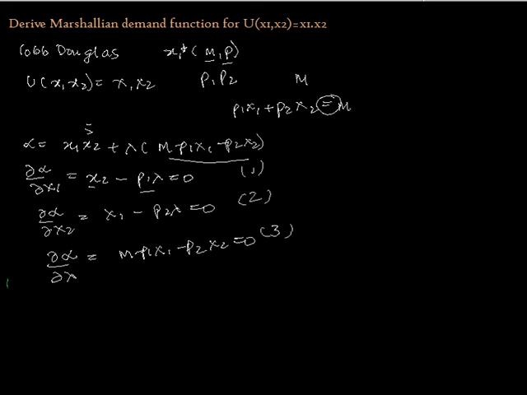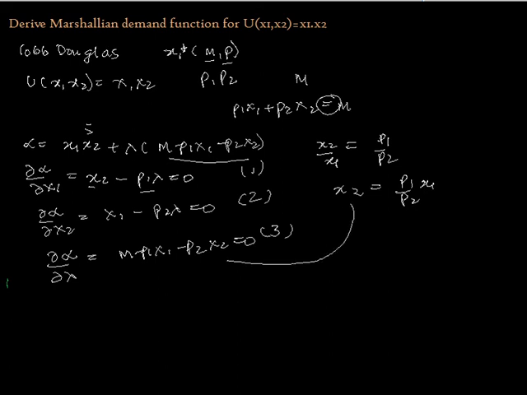Now dividing 1 by 2, what exactly will you get? x2 by x1 is equal to p1 by p2. So x2 is equal to p1 by p2 times x1.